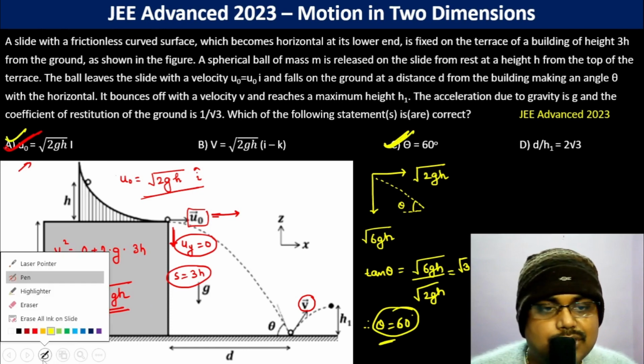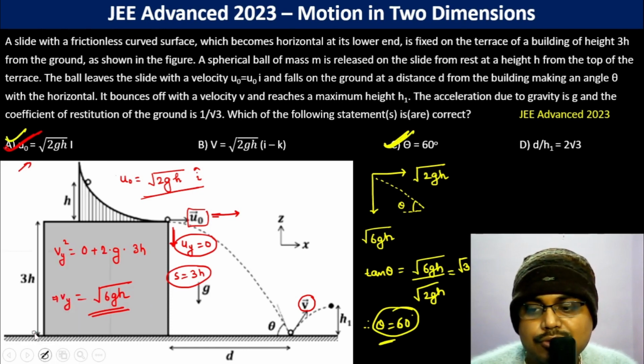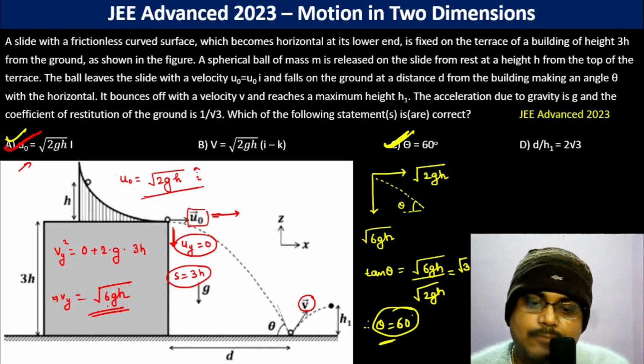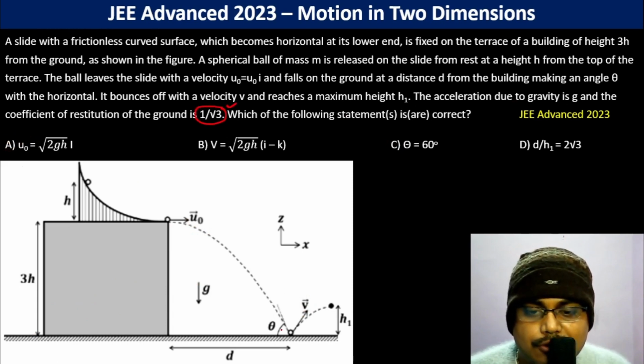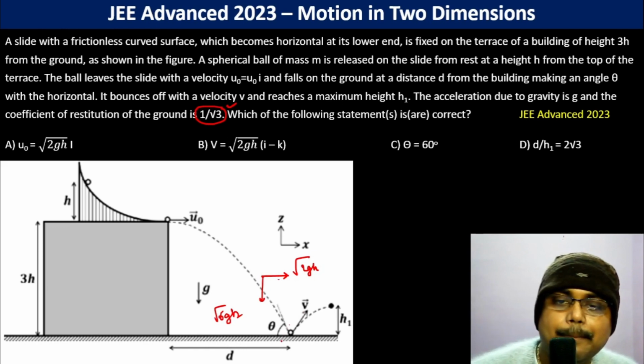Now here it is mentioned d by h1 is equal to 2 by root 3. Again the coefficient of restitution is 1 by root 3, and the velocity before striking is root 2gh in this direction and root 6gh in this direction.